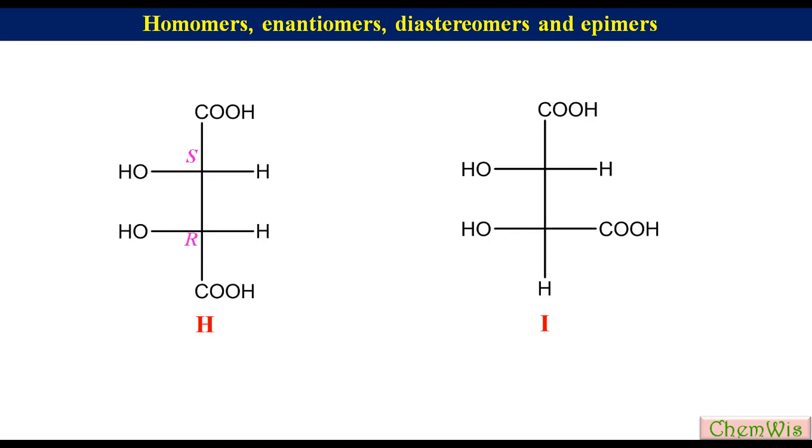In structure I, absolute configurations are S and S. Since the configuration at C2 is the same while at C3 is reversed, according to the definition, these are diastereomers. Since configuration is opposite only at one chiral center, we can also call H and I epimers.